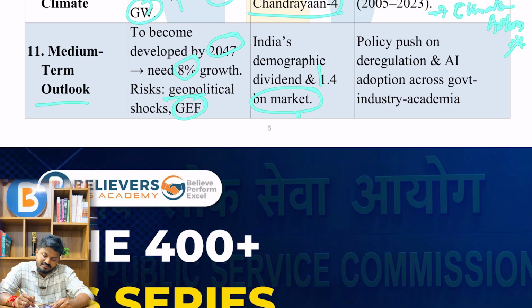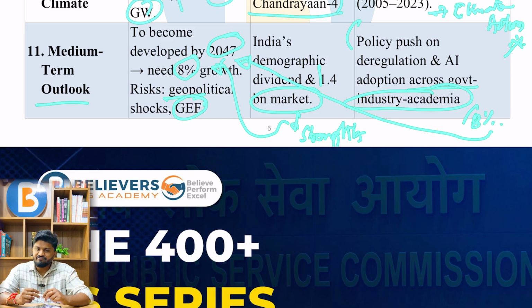These are India's strengths, which are going to be very key in achieving this 2047 developed status or 8% growth. And the need is policy push on deregulation and AI adoption across government, industry, academia. With this, India will be able to achieve this 8% growth and also achieve this developed status by 2047.